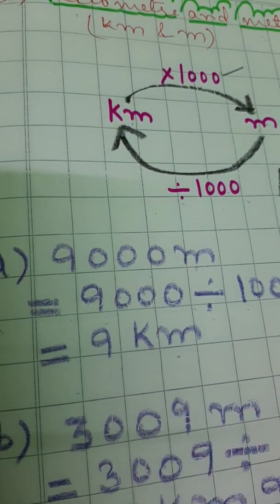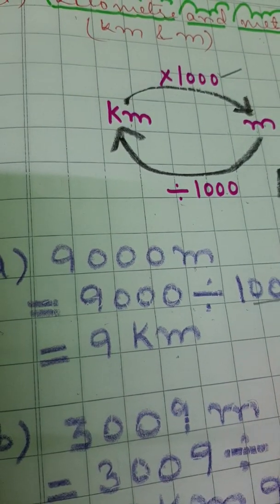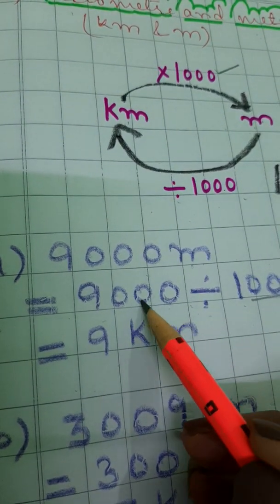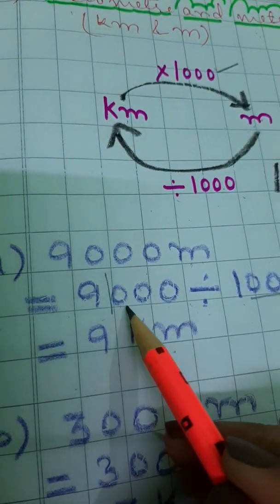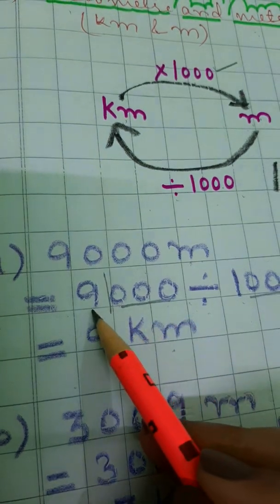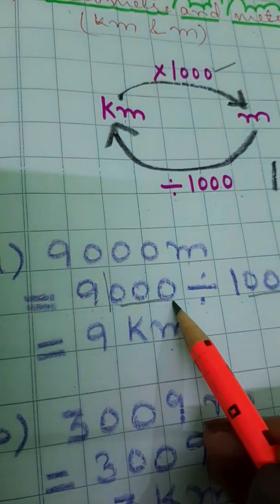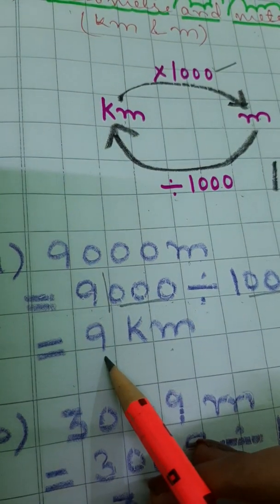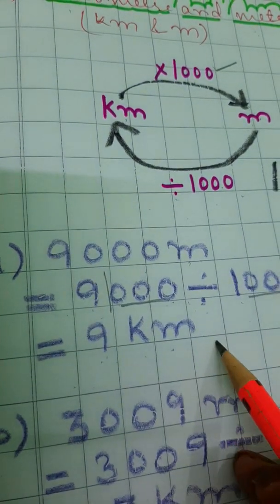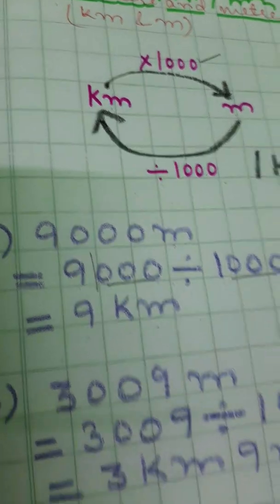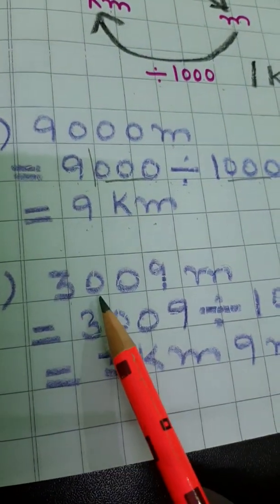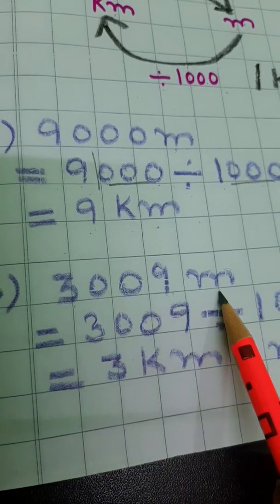Again we will proceed with the oral division because 3 zeros are there. So we remove these 3 digits. If we remove them, this will be the remainder and this is the quotient. The remainder is 0, so there is no need to write the remainder. We will write only the quotient. So 9 kilometer is the answer. Let us take this example, 3009 meter.